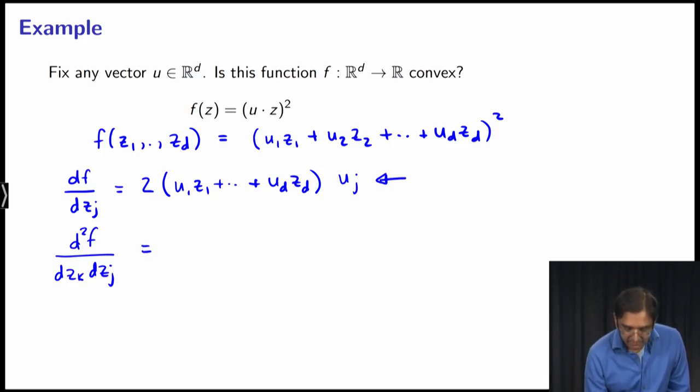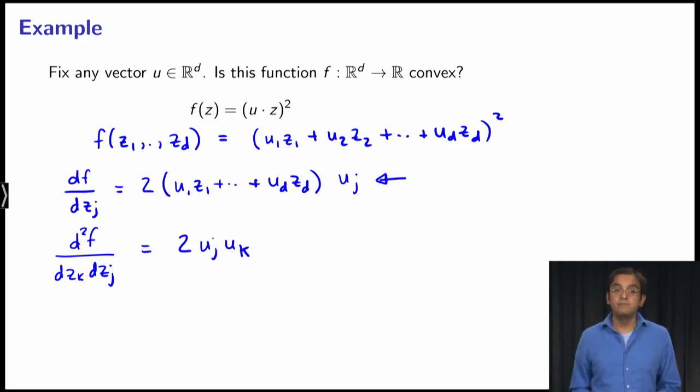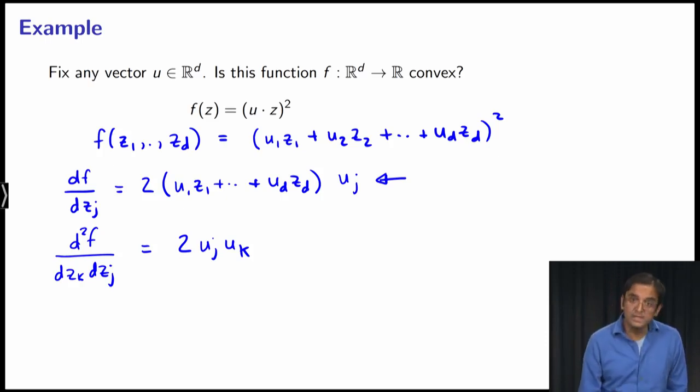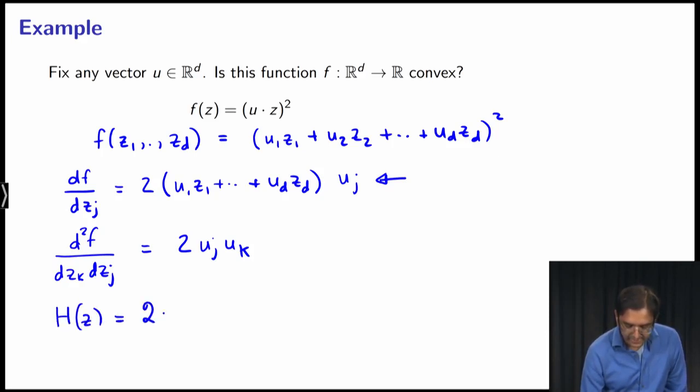So the second derivative is just 2 uj uk. So the second derivative matrix is a d by d matrix whose jk entry is twice uj uk. One concise way of writing this is to say that the Hessian at point z is twice U U transpose.